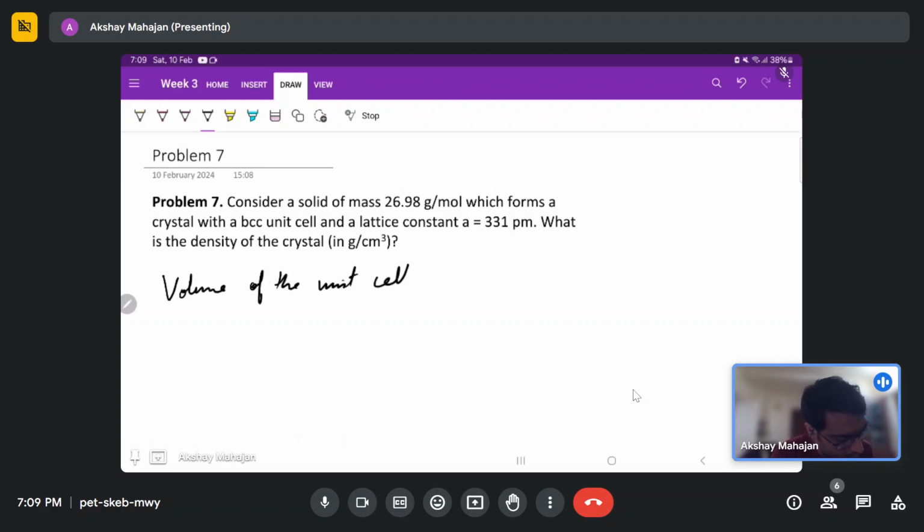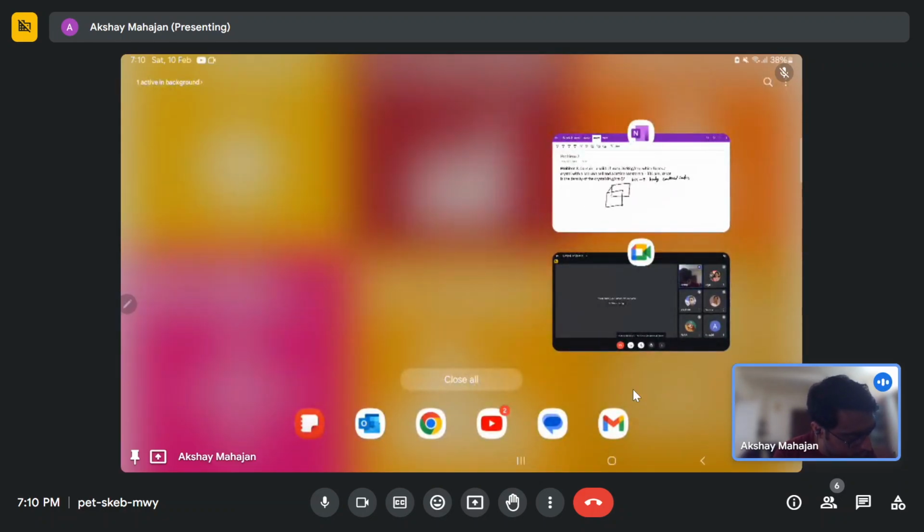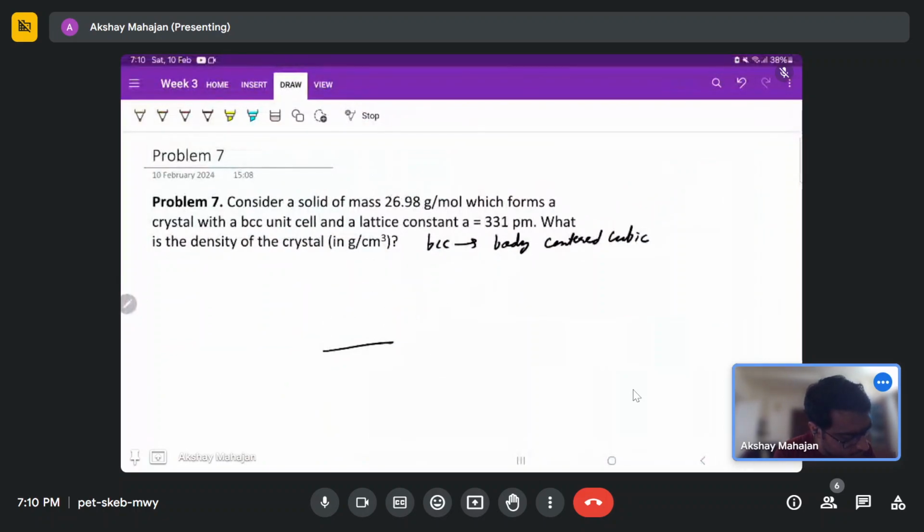So we have cubic. BCC is basically body centered cubic. If you don't know, BCC is body centered cubic. So let me just show you in case you don't remember or have not seen. Let me draw a BCC unit cell for you.